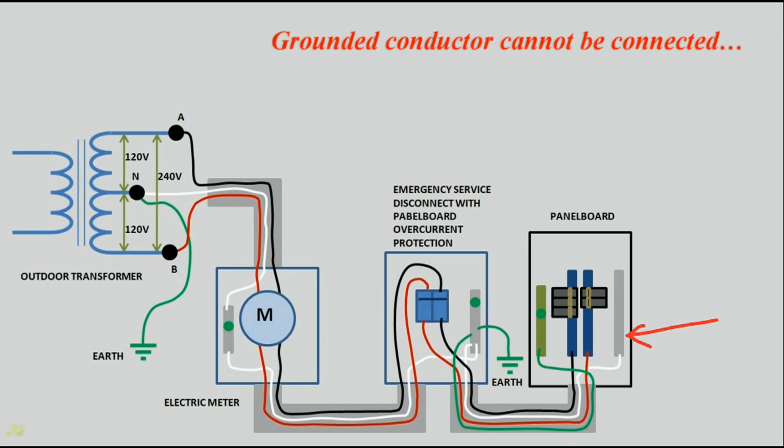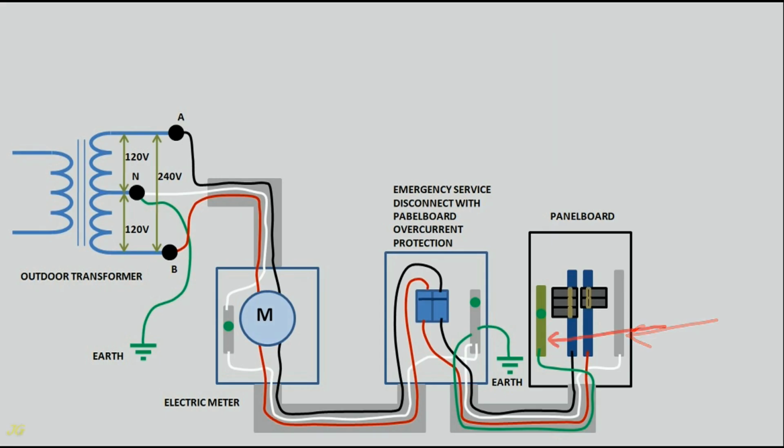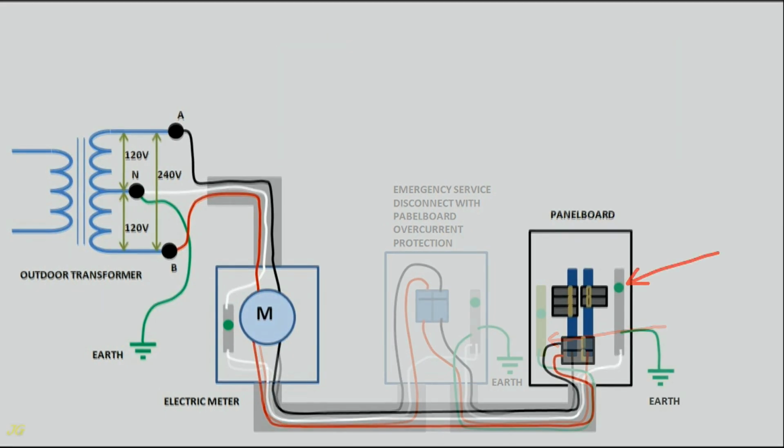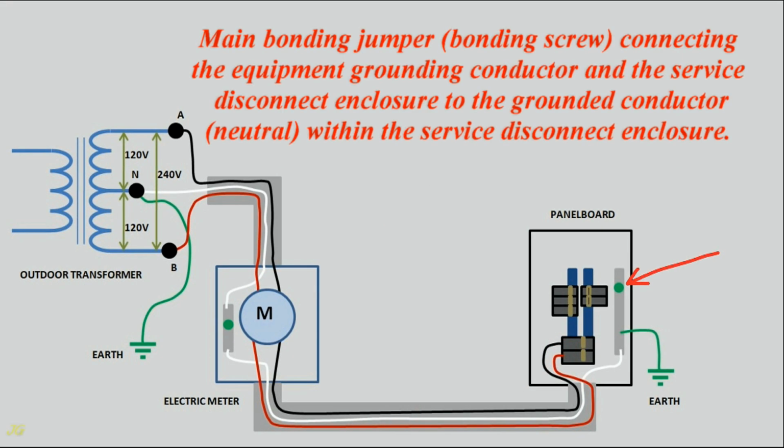Grounded conductor cannot be connected to the equipment grounding conductor on the load side of the service disconnect. Main bonding jumper, bonding screw, connecting the equipment grounding conductor and the service disconnect enclosure to the grounded conductor, neutral, within the service disconnect enclosure.